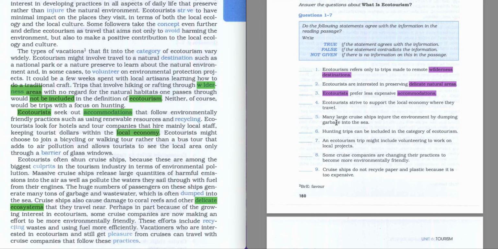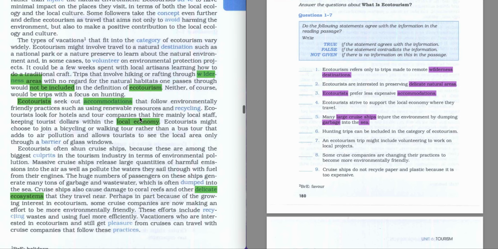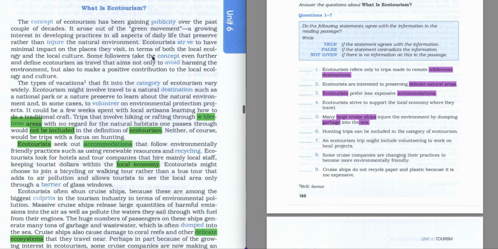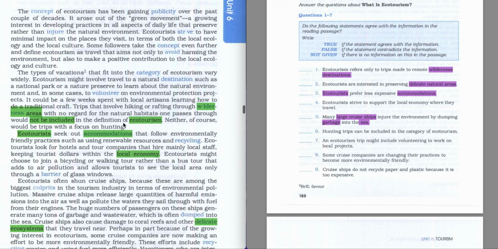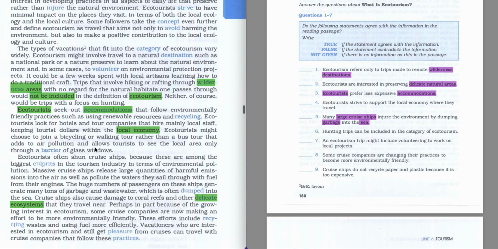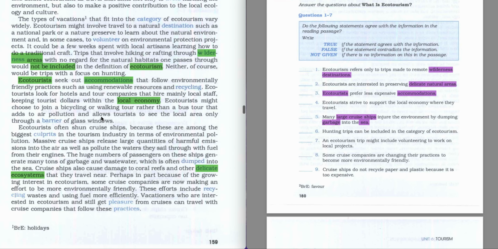So let's go further. Many large cruise ships injure the environment by dumping garbage into the sea. Our keywords are going to be large cruise ships and garbage, and they are dumping it into the sea. So here there was information about ecotourism, and here about their impact on the local economy.